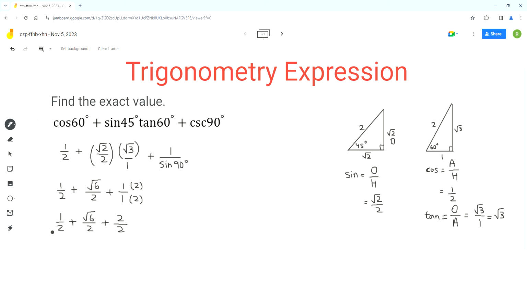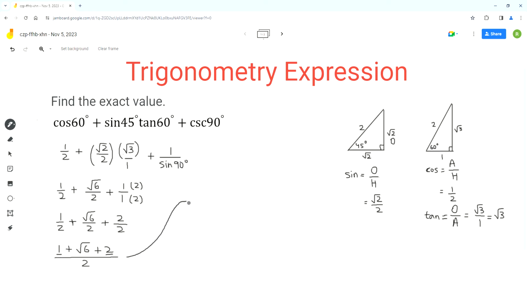And now we can add these three fractions. So we can add the numerator numbers. So 1 plus square root of 6 plus 2 over 2. And now we can see that there are like terms in the numerator. So we can combine 1 and 2.